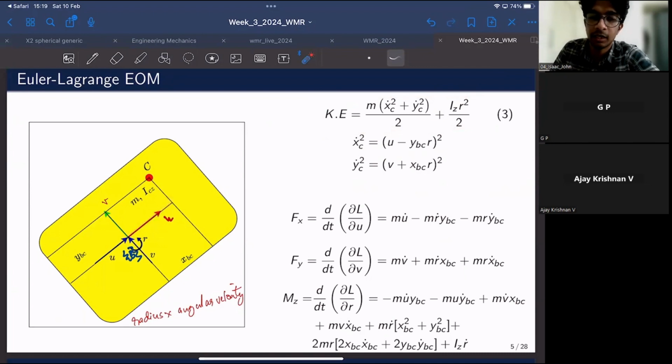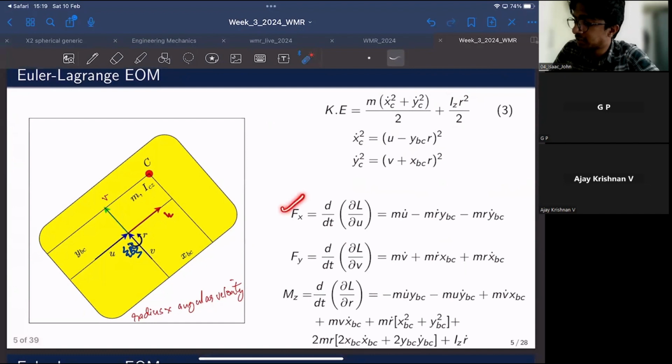If you apply the Euler-Lagrange formula, and take the partial derivative with respect to each of these coordinates, you will get the degrees of freedom along the x-axis, y-axis, and z-axis. So the first coordinate being u, our Euler-Lagrange formula would be dou L by dou u, with this entire term again differentiated by d by dt.